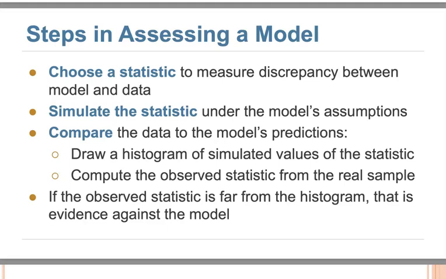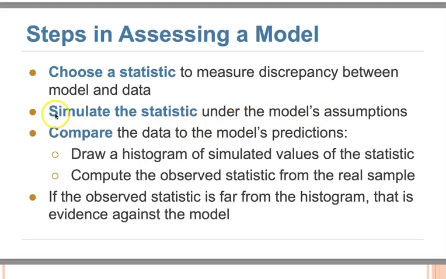Then we simulate the statistic under the model assumption. For example, our model assumption for jury selection is random selection. All the eligible jurors are randomly selected for the panel. So we use that for our simulation. Our simulation should be random, so we need to make sure the assumptions all match and are included in our simulation.